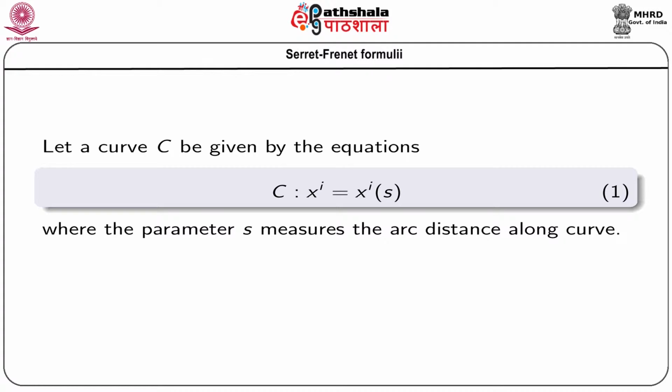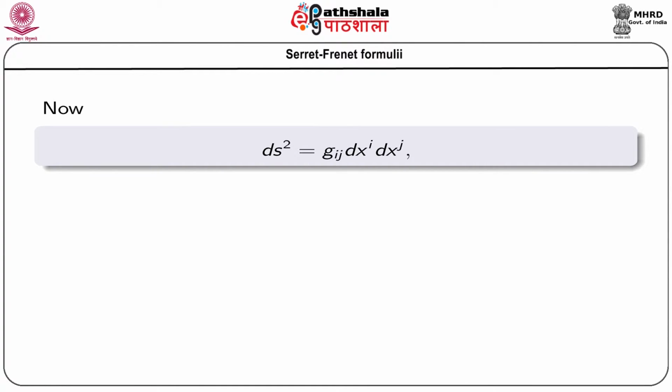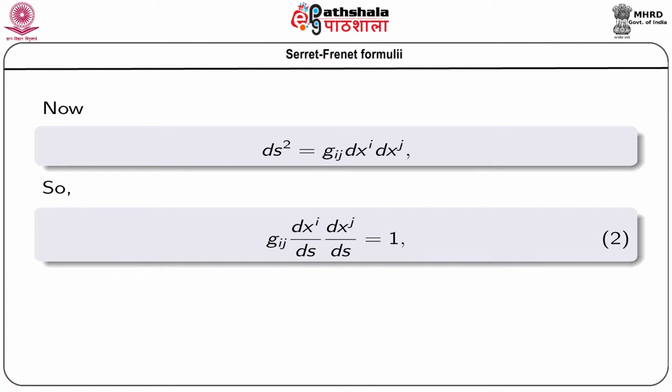So, parameter s measures the arc distance along the curve. Now, we know that ds² equals g_ij dx^i dx^j from the fundamental metric. So, we can get g_ij (dx^i/ds)(dx^j/ds) equals 1.